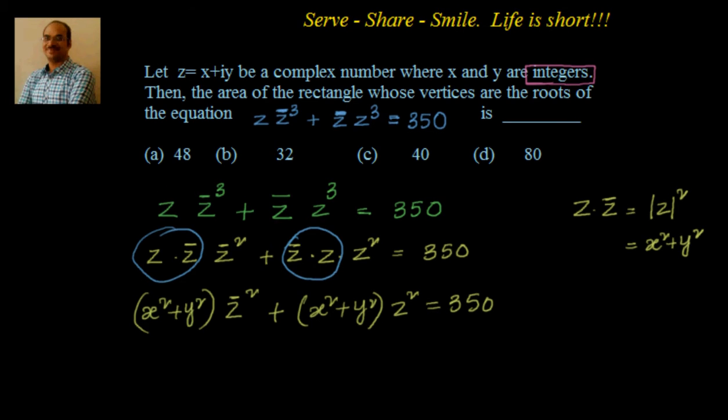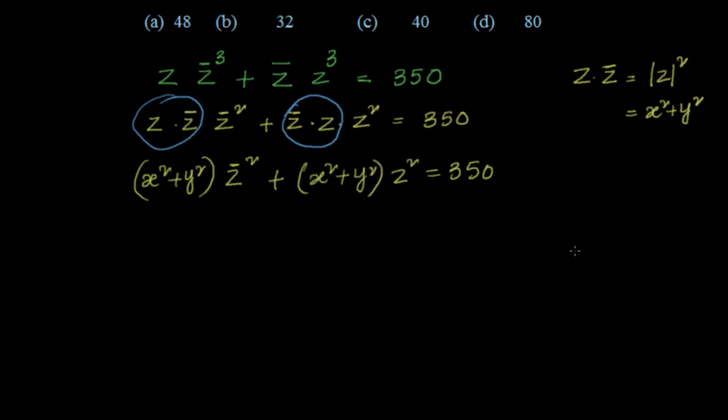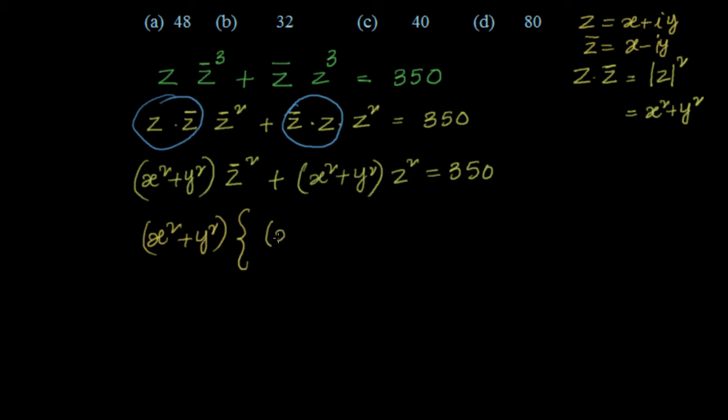Now we'll move to the next step and substitute what z and z' are. We know that z is x + iy and z' is x − iy. So let's substitute that. We take x² + y² common and write z'² as (x − iy)² plus z² as (x + iy)².